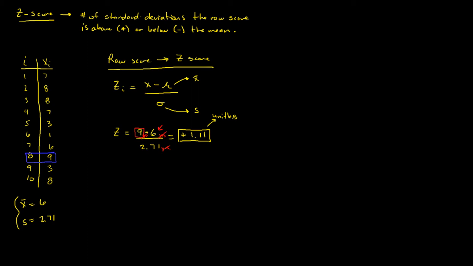It becomes a unitless measure of that raw score's distance above or below the mean. The neat thing about this is that you can graph your z-scores in a histogram, or you can just graph them individually. Let's look at what that might look like for us.